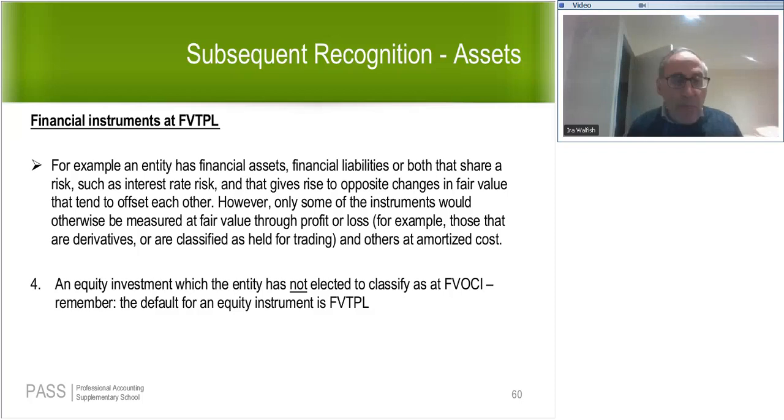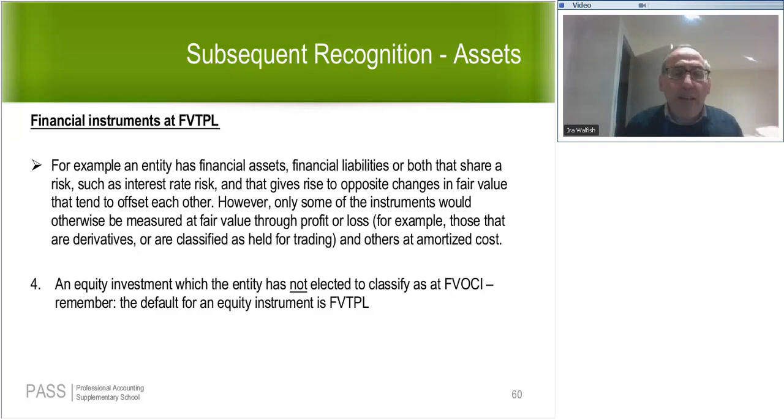You're going to have a mismatch because you're going to revalue the liability but not the asset. So in order to avoid this mismatch, so that when I revalue one, I revalue the other in a similar way, I can elect to, for example, have those bonds valued using the FVTPL category rather than amortized cost.